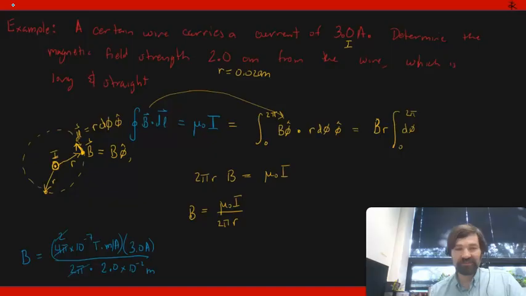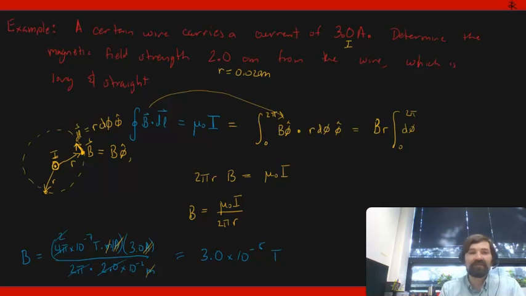And then the 2 can cancel with the 2 down here. And what I'm left with is 3 times 10 to the negative 5 Teslas. If I cancel all of my units out, I've got a meter here and a meter here, an amp here and a per amp there. And so I'm left with a Tesla. And so my answer is B is approximately 3 times 10 to the negative 5 Tesla, or 0.3 Gauss.